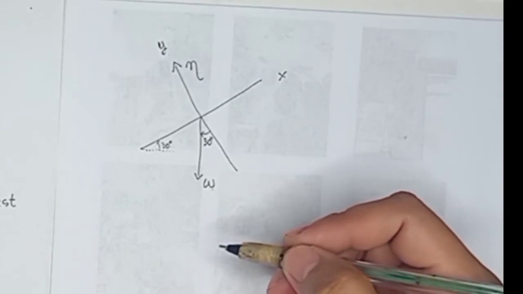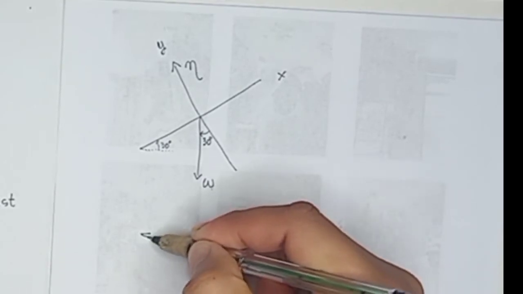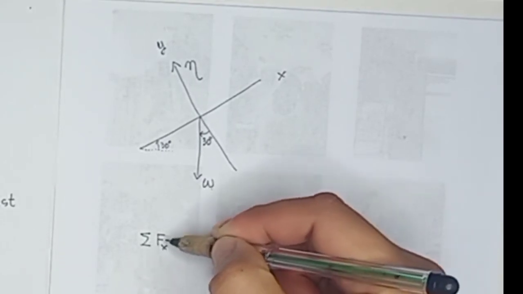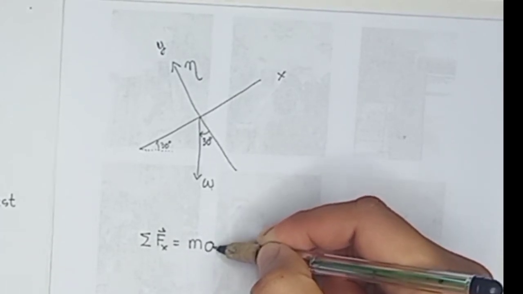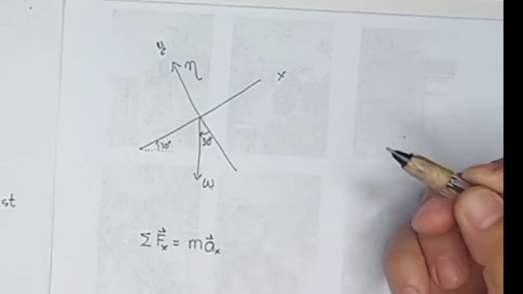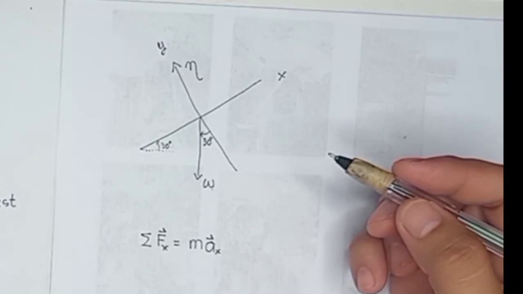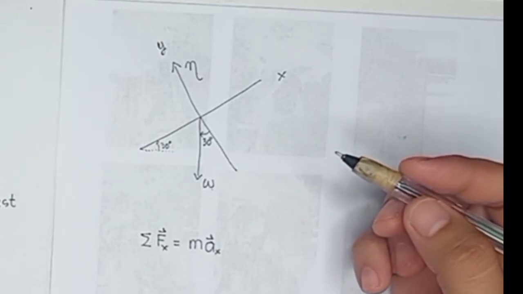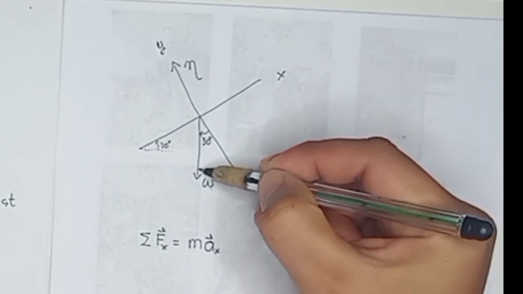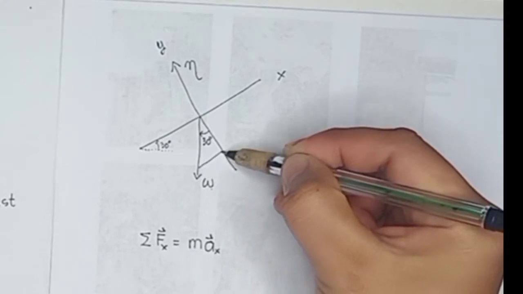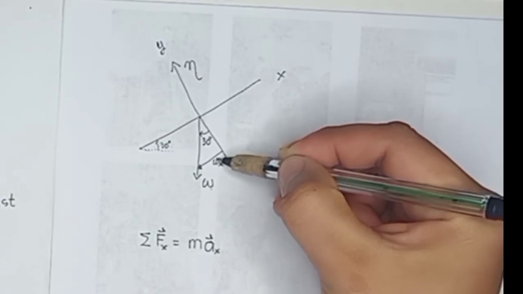We will use the second law of motion, that is, summation of forces acting along x is equal to the mass of the object times its acceleration along the x-axis. In our free body diagram, the only force that acts along the x-axis is the x component of the weight W, which is this one. We will label this as Wx.